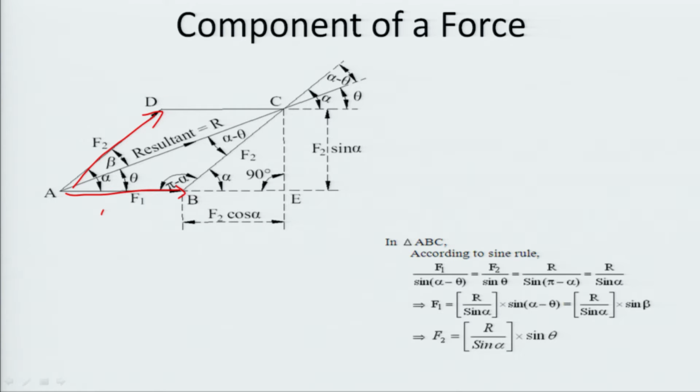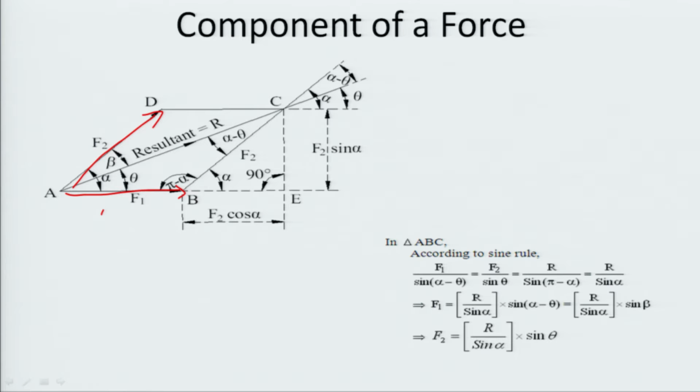The angle between F1 and F2 is represented here as alpha, theta is the angle of the resultant from F1, and beta is the angle of the resultant from force F2.